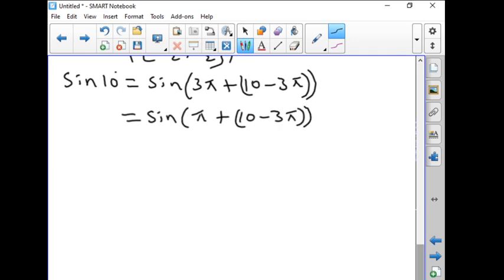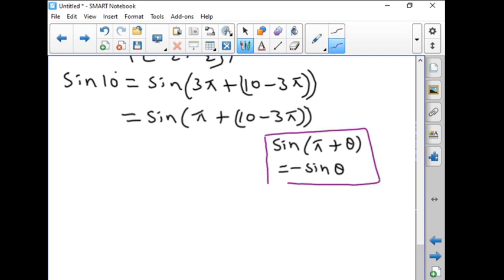Now we know that sin of pi plus theta lies in which quadrant? Third quadrant. Sin is negative. Therefore, we get minus sin theta. 180 is even, so we write it as minus sin theta.